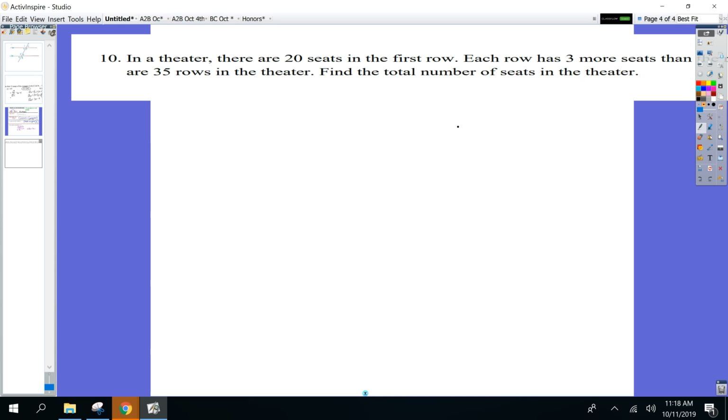Find the total number of seats. Total! Hey, total number of seats. Not the number of seats in the 35th row.